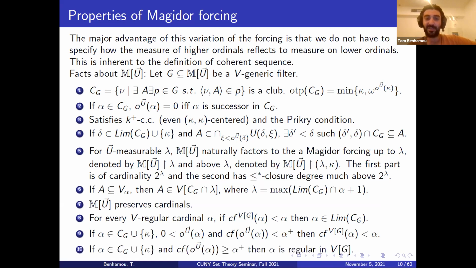And the second option is that the cofinality of the order of alpha is at least alpha plus, in which case alpha stays regular. So the points that change cofinality in VG are exactly the limit points of CG for which the cofinality of the order of alpha is below alpha plus. This is a characterization of the points which change cofinality in the generic extension.